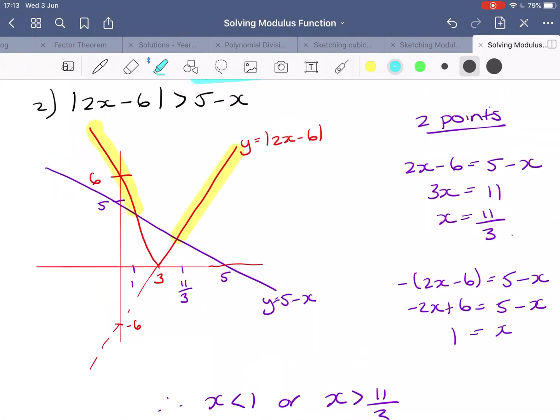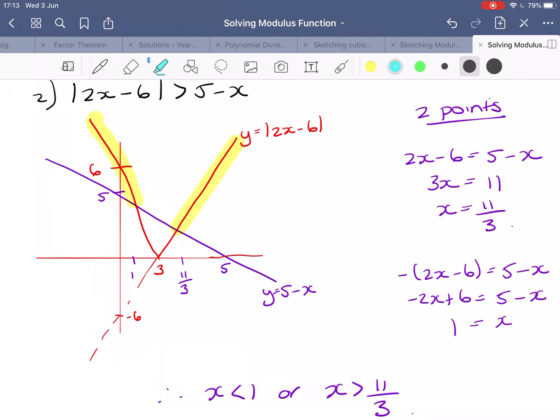Okay. The second one, again, draw your modulus graph, draw the graph of your line. Work out where the 2 points intersect. So with this one, you've got the positive version meeting 5 minus x. You've got the negative version of the modulus equals 5 minus x. So you get your two values.